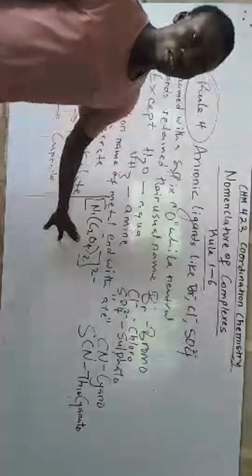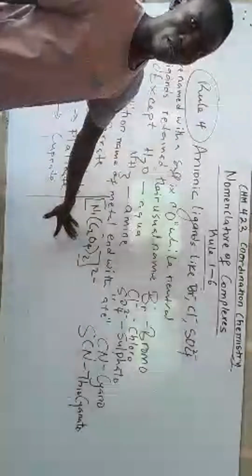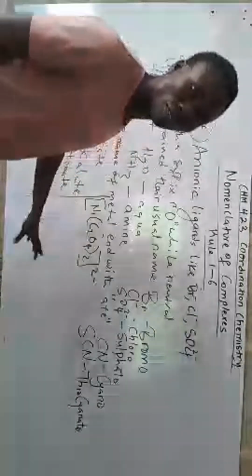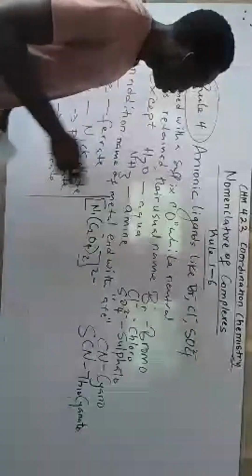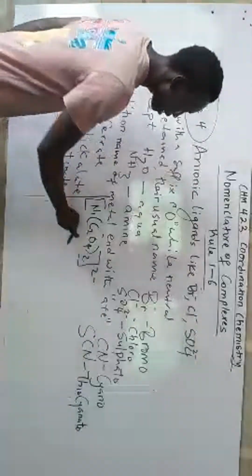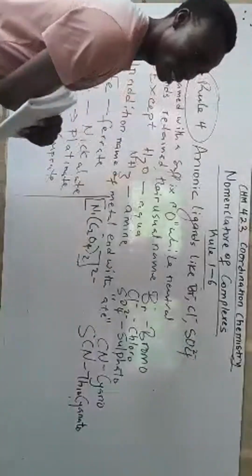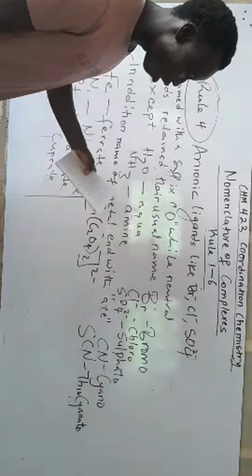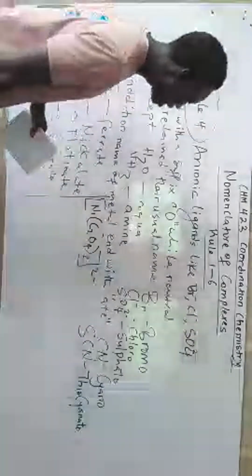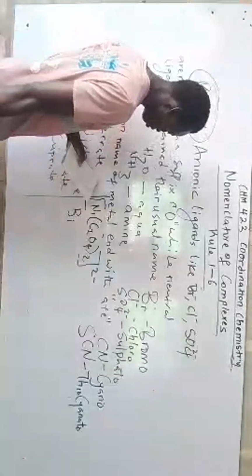This is oxalate. The oxalate that we have here, as in the oxalic acid, if there's hydrogen there it becomes oxalic acid. So 2 of these oxalates are present there. Because it is oxalate, that will become what? Oxalato. Exactly, oxalato.